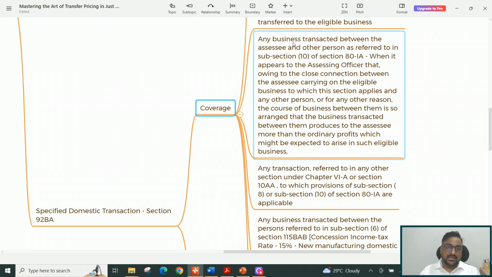So probably any transaction happening between these two persons, where the assessing officer thinks there could be tax base erosion on account of that arrangement, then he can also trigger the transfer pricing provisions.